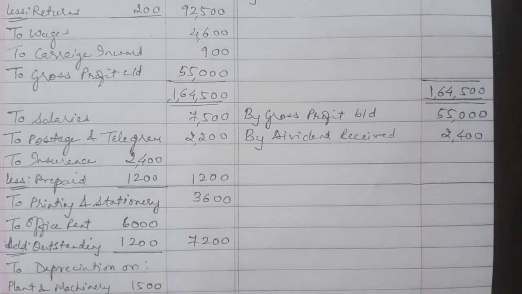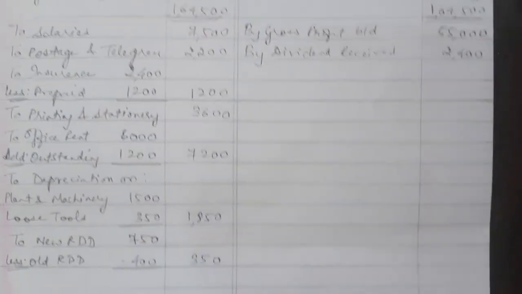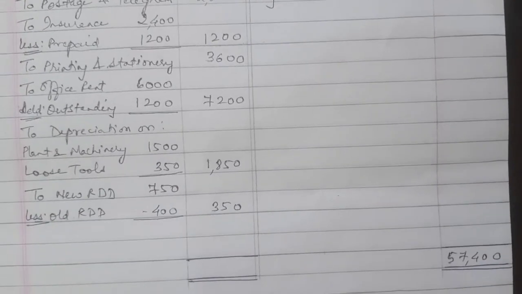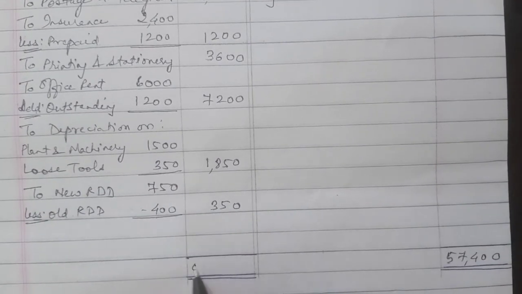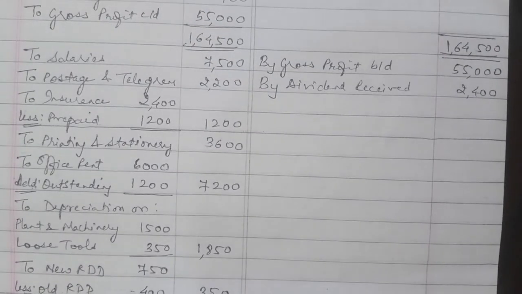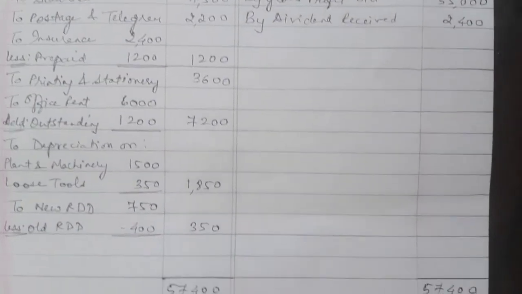Now again this side only, credit side is only greater, it means there is going to be a net profit to the organization. So the credit side total is rupees 57,400. Same amount we will write on the debit side also, 57,400. And just the way we calculated gross profit, we are going to calculate the net profit also.